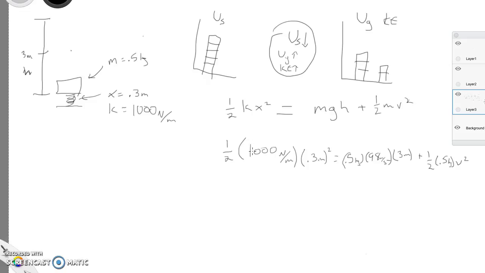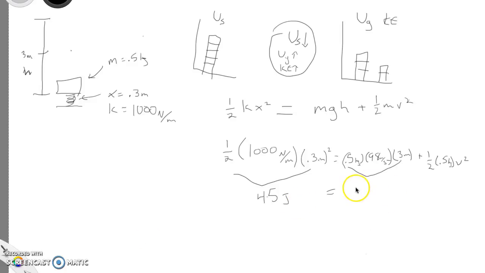Go ahead and take out your calculator and do these calculations. First calculate how much elastic potential energy there was. We get 45 joules of elastic potential energy. On the other side, we have gravitational potential energy. Calculate how much gravitational potential energy there is at 3 meters.